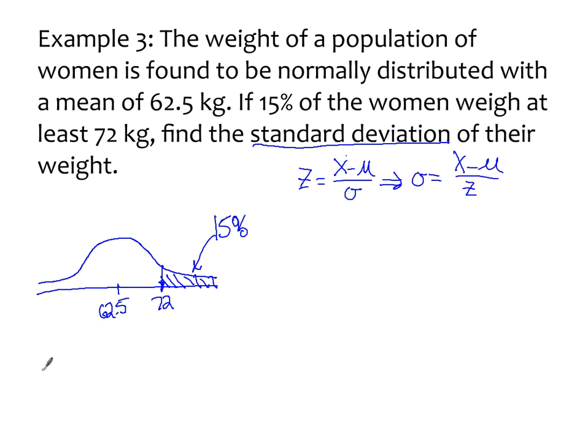Well, remember, all we're saying here is that there's a standard normal distribution whose mean is 0 and whose standard deviation is 1, and that there's some z that's associated with 72 such that these percentages are the same.